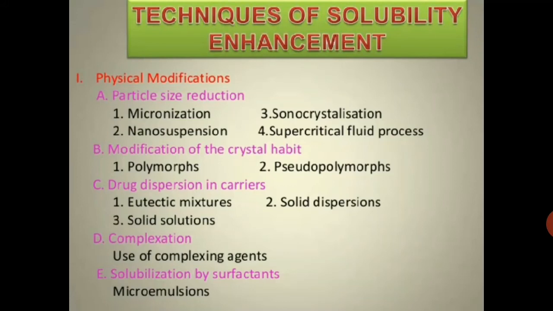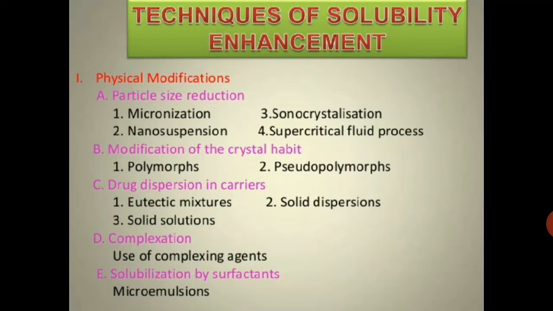The modification of crystal habit is based on the formation of polymorphs and pseudopolymorphs. Drug dispersion in carriers is done by three methods: eutectic mixtures, solid solutions, and solid dispersions. Complexation is done by the use of a complexing agent, and solubilization by surfactant is done by microemulsions.